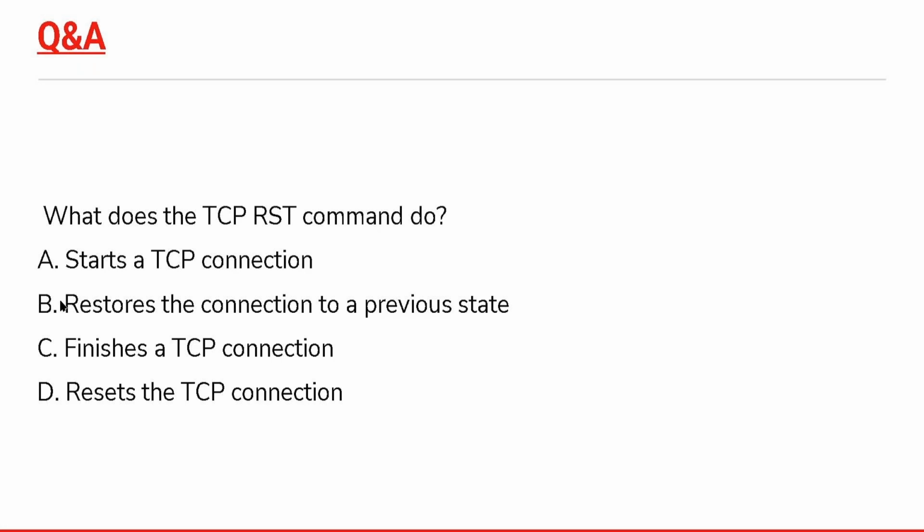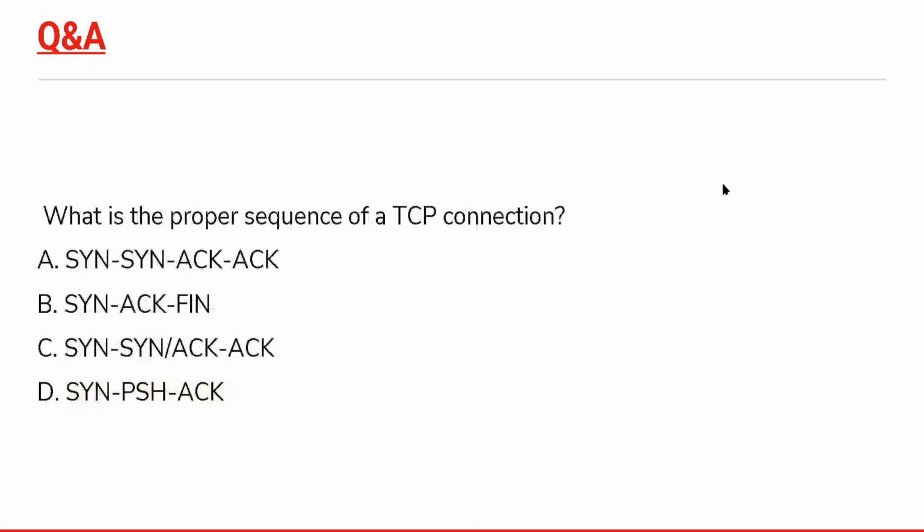So option D is the correct one. For starting a TCP connection, we use the SYN flag, and for finishing a TCP connection, we use the FIN. So the correct answer is option D, resetting the TCP connection. Then what do you guys think about this one?